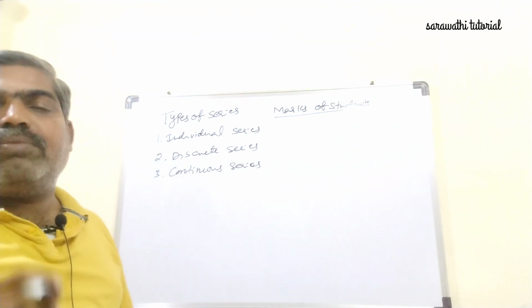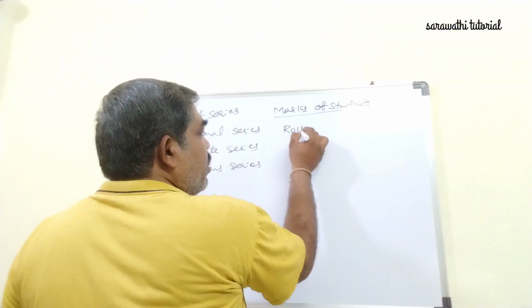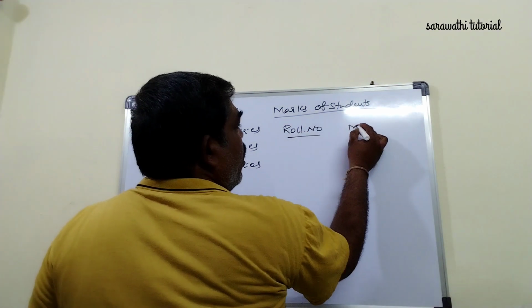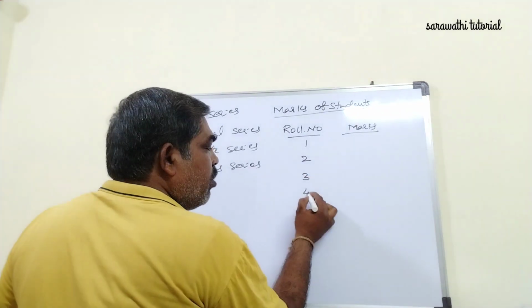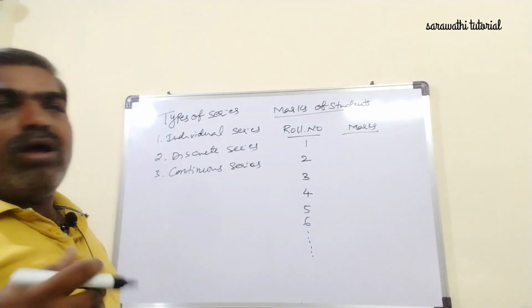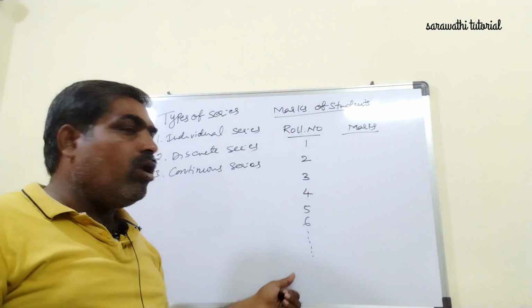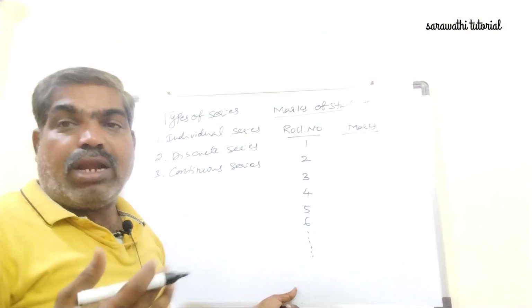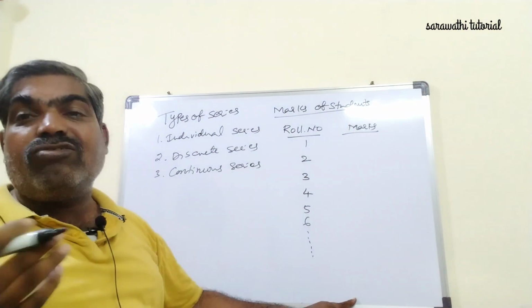I collected those marks roll number wise: roll number 1 and the marks, roll number 2, 3, 4, 5, 6, like that. Not only that, the university displays the marks individually for all 20,000, 2 lakhs, 3 lakhs people. That is called individual.